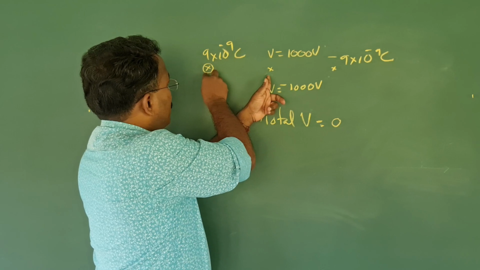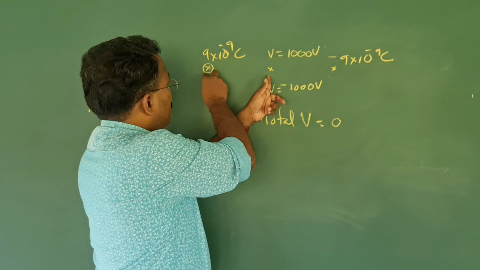Of course, 9 centimeter to this, 1000 volts, means this point also will be at 1000 volts, correct, no? And if you take another point here or here, that is a circle, this whole circle, a circle with a radius 9 centimeter, all the points will have a potential of 1000 volts.